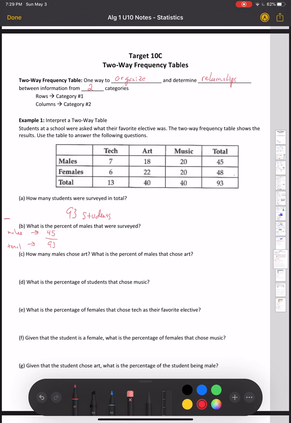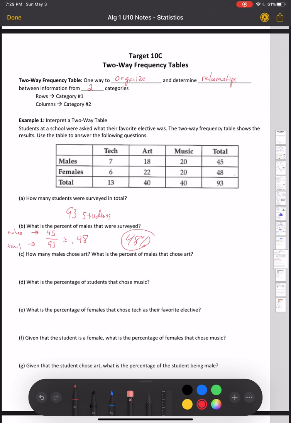That is about 0.48 if I round it to the nearest hundredth. And when it's asking for percent, remember, all you have to do to make a percentage is move the decimal 2 places to the right. So this is going to be 48% were males.